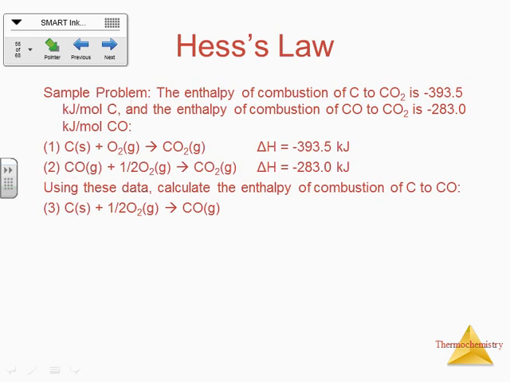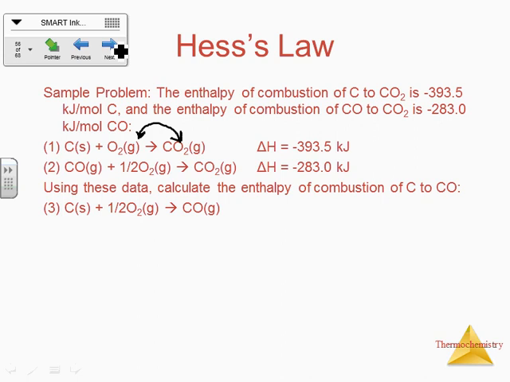So we're going to do some example problems here and see how this works. But there are some things you can do to manipulate these equations to make them work. Okay? First thing you can do to one of these chemical equations is you can flip it around. So that means that in this first one here, we would write the product, CO2, as the reactant, and we would write the reactants as products. Okay?